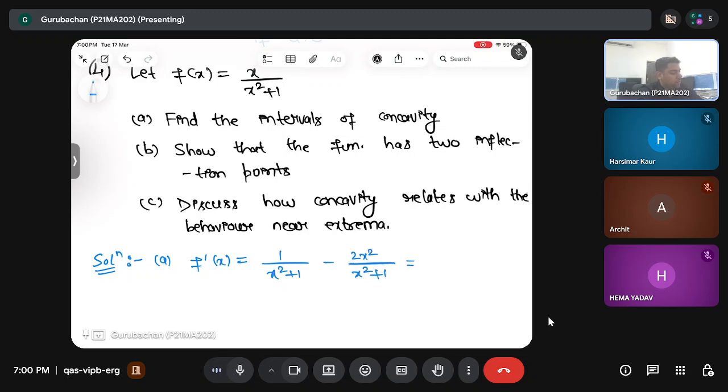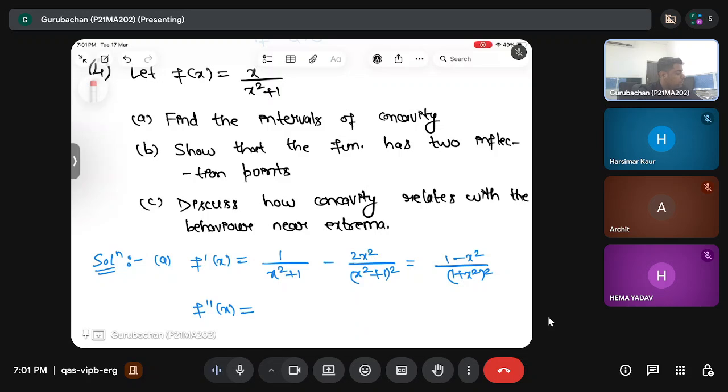So solve it a little. So this will be x into 1 minus x square divided by 1 plus x square whole square. Then this double derivative will be like this. So this will be minus, let's say, 4x divided by 1 plus x square cube.